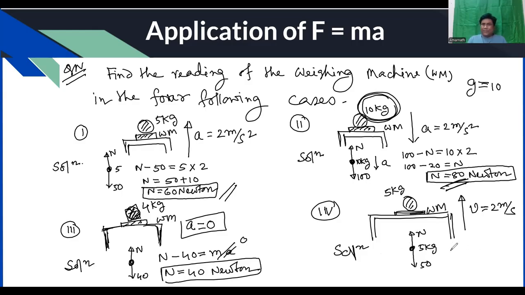But we know that normal reaction minus 50 equal to mass into acceleration. But here also acceleration is 0 because velocity is constant. As the particle is going with constant velocity, obviously acceleration will be 0 only. So it is nothing but N equal to 50, which is the actual weight only. Apparent weight is nothing but actual weight only.